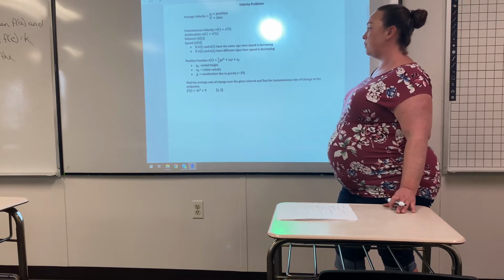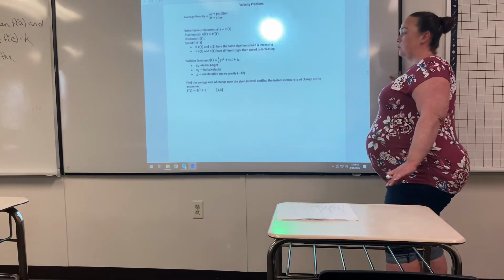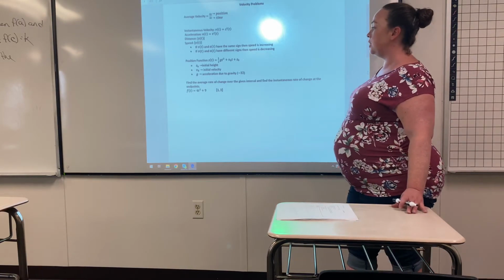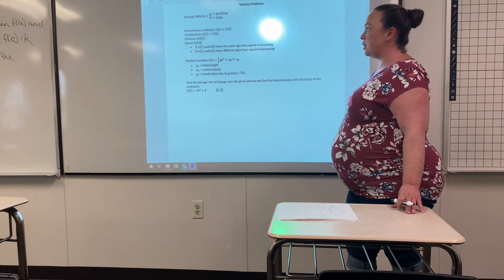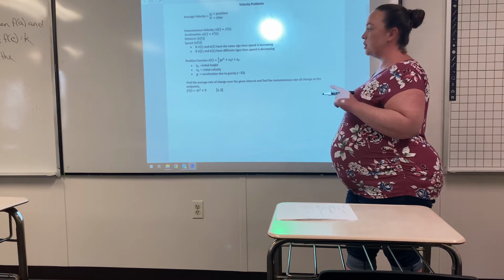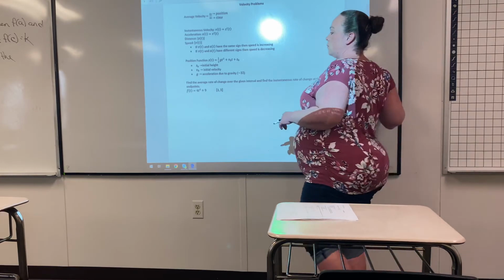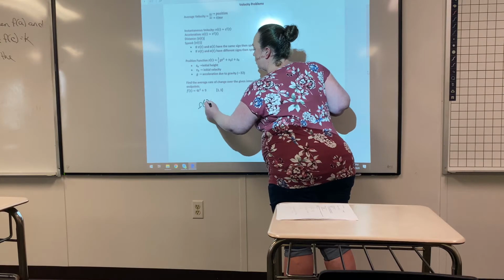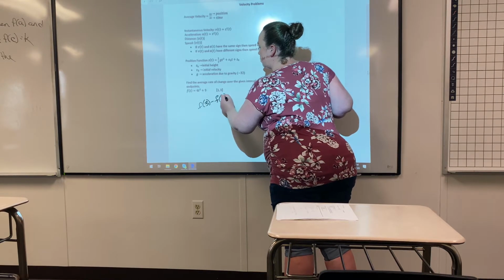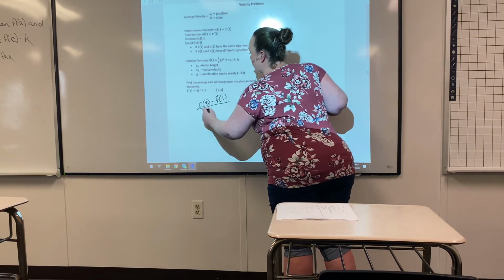First one, they want you to find the average rate of change over the given interval, and then find the instantaneous rate of change at the endpoints. So average rate of change is change in position over change in time. So change in position would be f of 3 minus f of 1, those are your ends, over 3 minus 1.